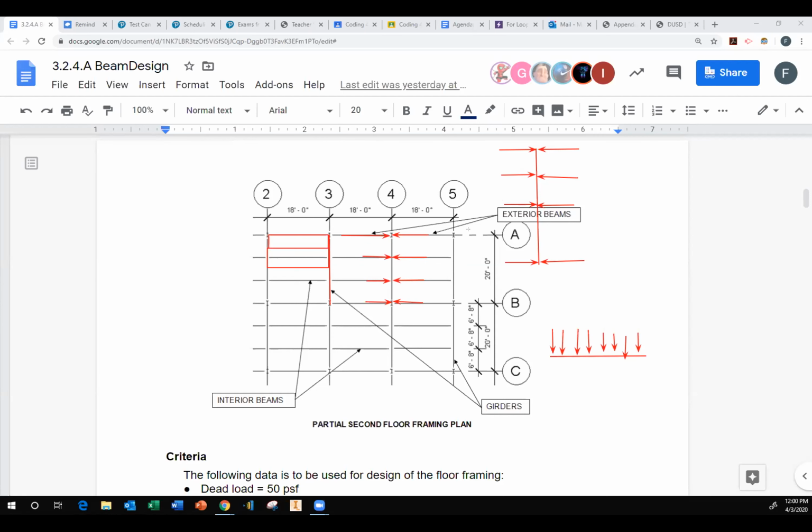So what's going to end up happening is that the beams are resting on the girder. When I draw my girder load condition, it's going to look like this. Instead of a distributed load, it's going to be 4 point loads.